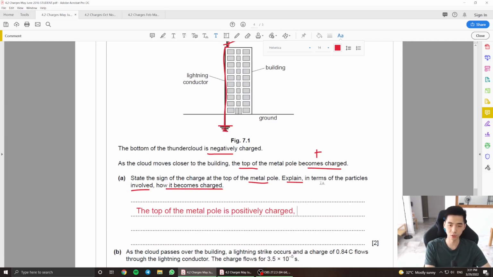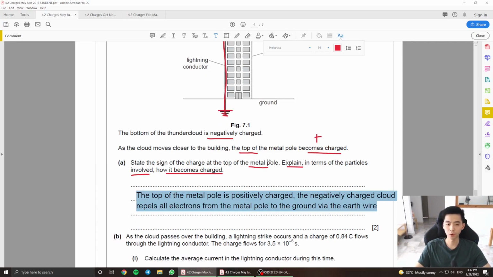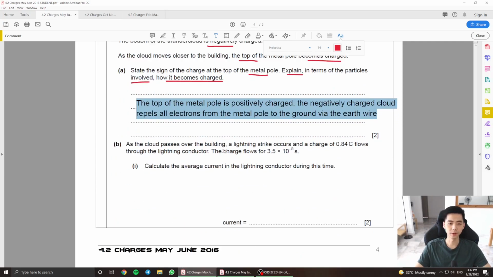So you're supposed to mention that the negatively charged cloud repels all electrons from the metal pole to the ground via the earth wire. Right? I'm supposed to mention something like this here. Okay? Then moving on to the next part here.